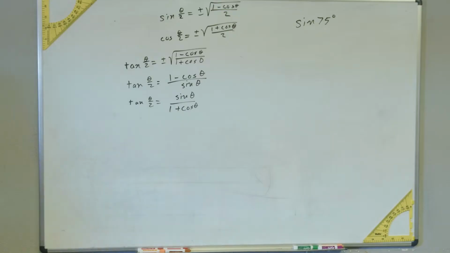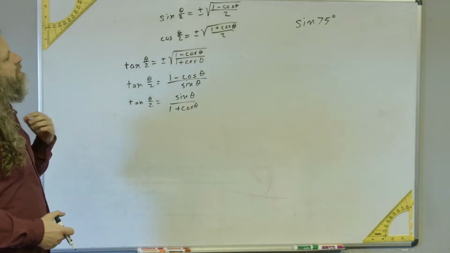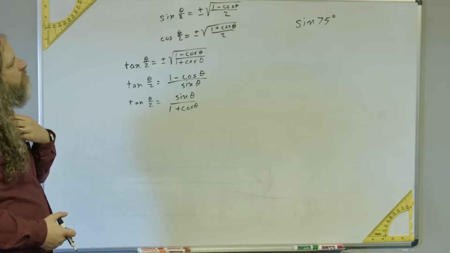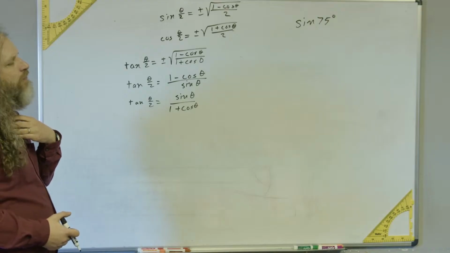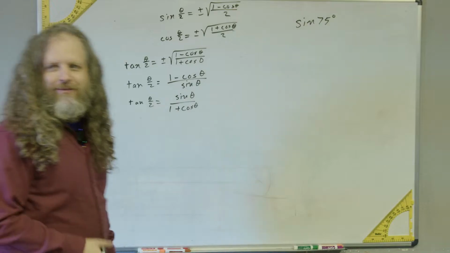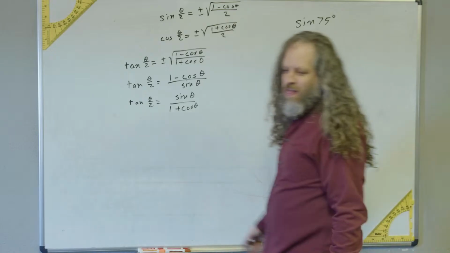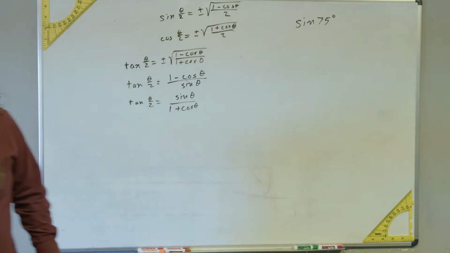We have all kinds of tools we could use. Actually, this one, if I'm not greatly mistaken, could be done with 45 and 30. This could be done with some identities, the product ones that we're just learning. It probably could be done with product, but we're going to do it with a half angle identity.